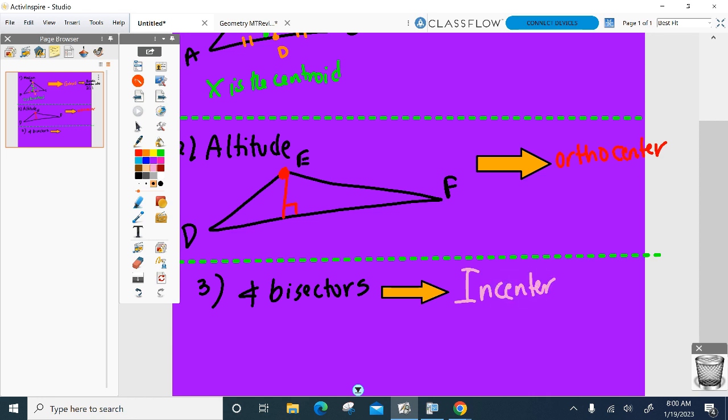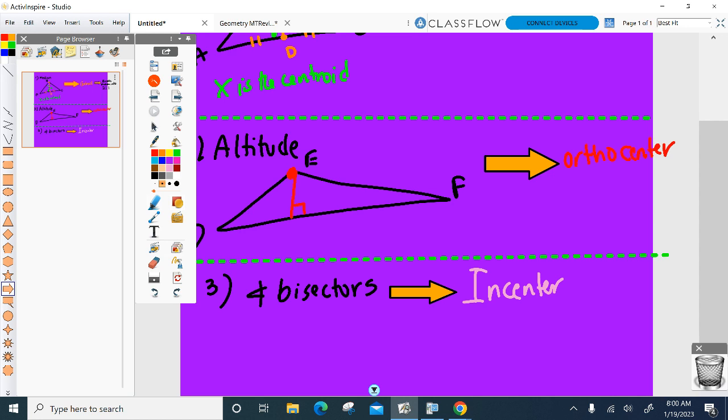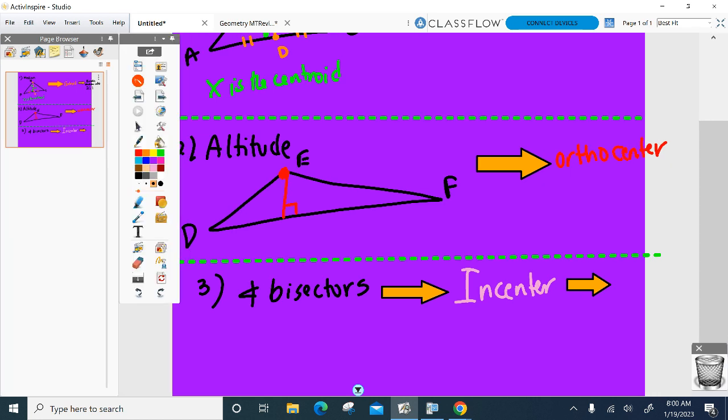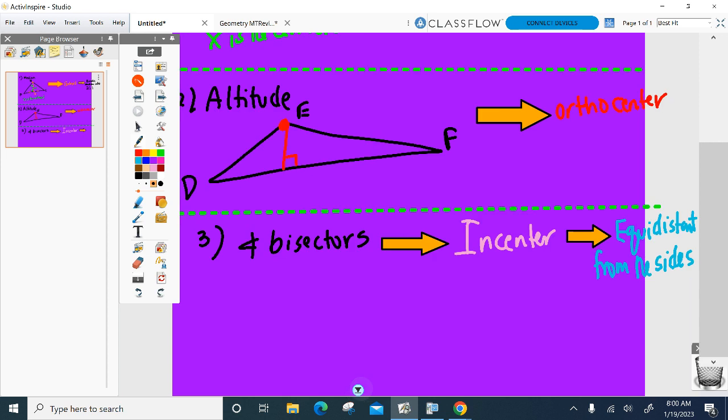Incenter. How about the special fact? Anybody remember the fact? Yep, you guys had this last night. I think it was question 2 or 3 on your review. Equidistant from the sides. Yep. And how about the last one?